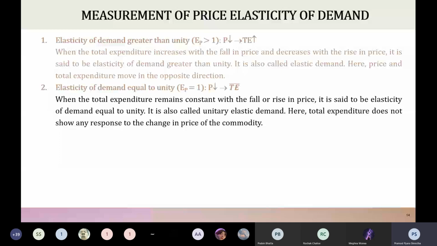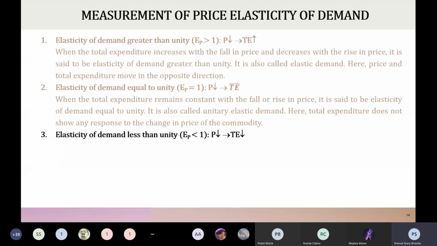Now finally, the third one is elasticity of demand less than unity. This is the third case. Here you can see total expenditure is decreasing with the fall in price, so both are moving in the same direction. Price and total expenditure both move in the same direction. That is, total expenditure decreases with the fall in price and increases with the rise in price.